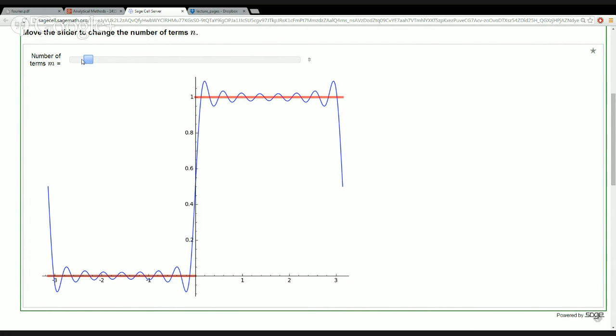Formally, the definition of pointwise convergence would be: for every x and for every epsilon, there exists some capital M such that for every m greater than or equal to capital M, the absolute value of f_m of x minus f of x is strictly less than epsilon.